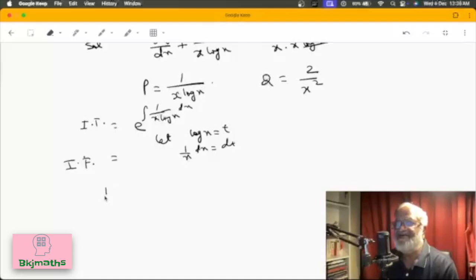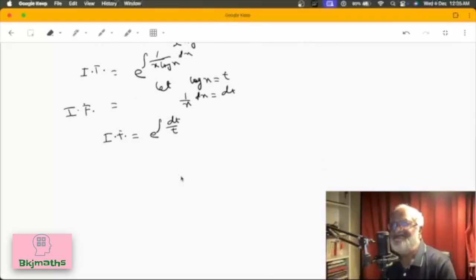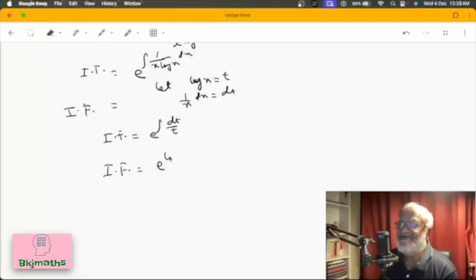So integration factor is e to the power integral of dt by t. So integration factor is, integral of dt by t is log t, so e to the power log t.